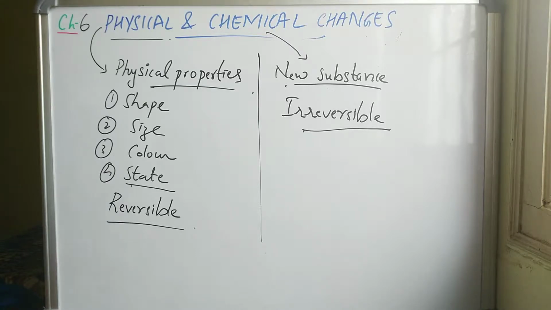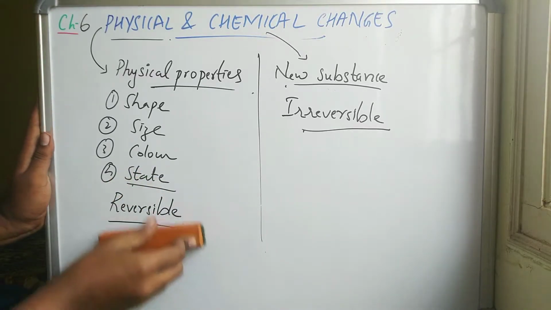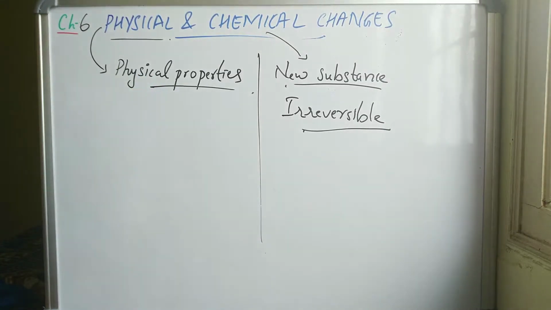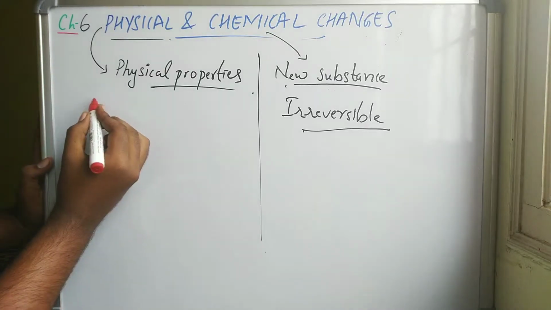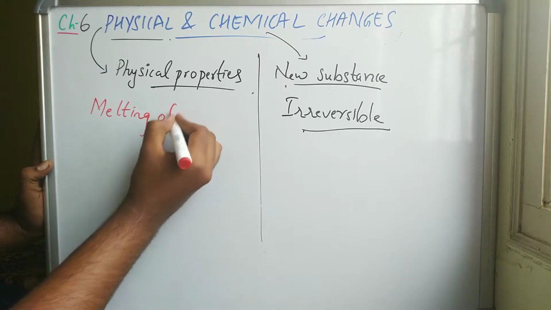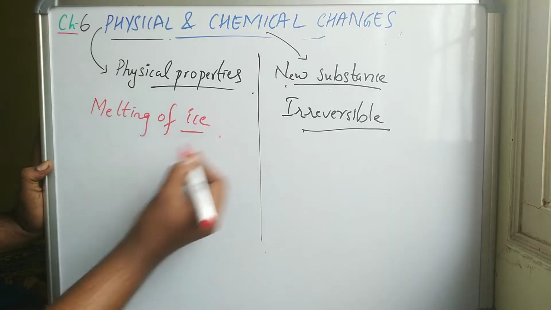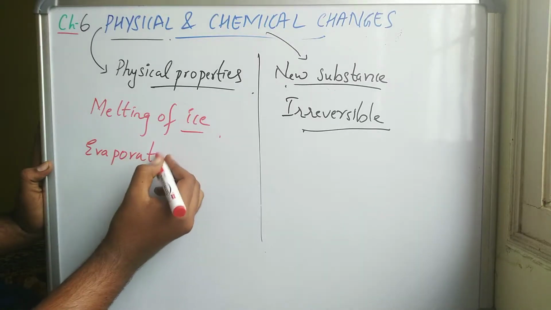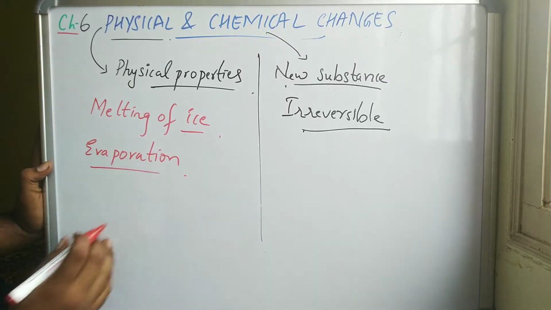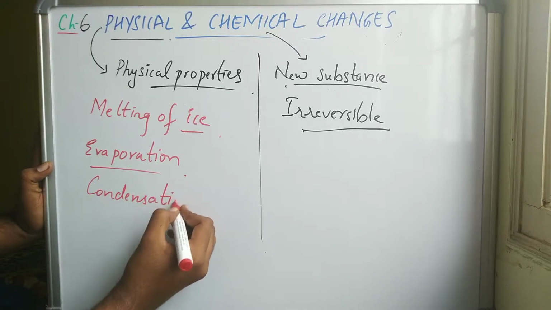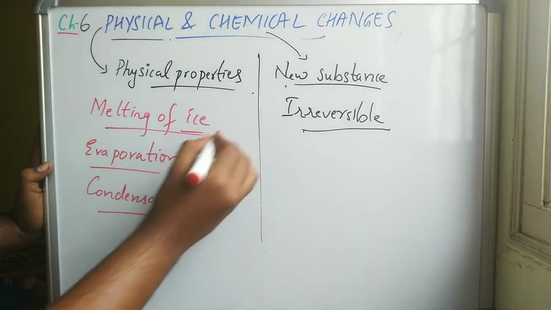Now, we'll take up some examples. In physical change we can take melting of ice, evaporation of water, condensation.